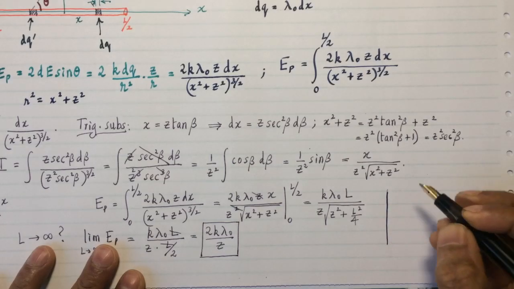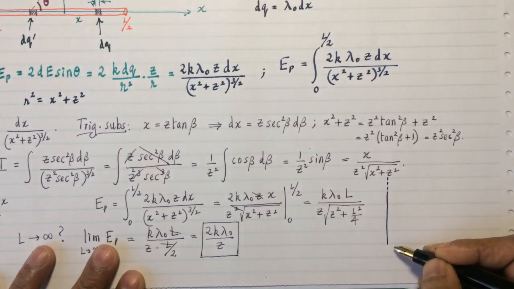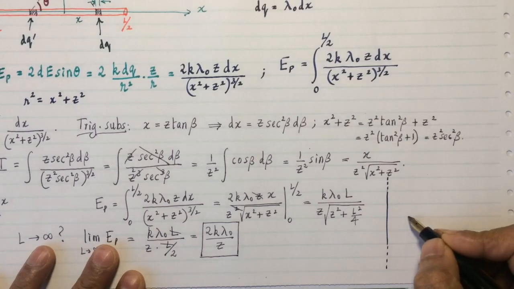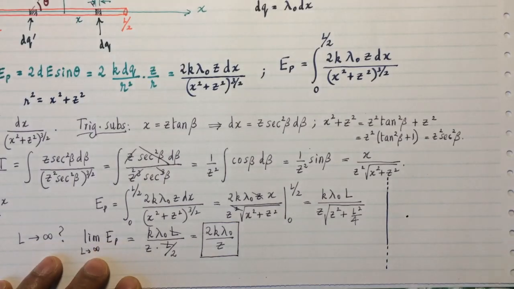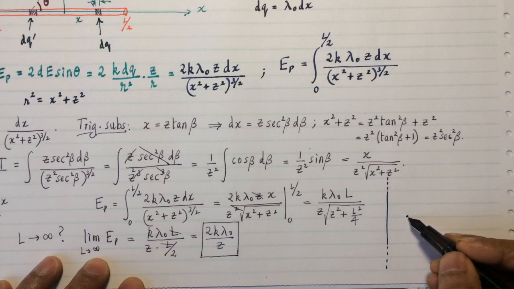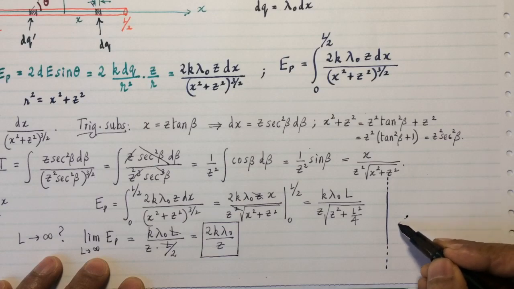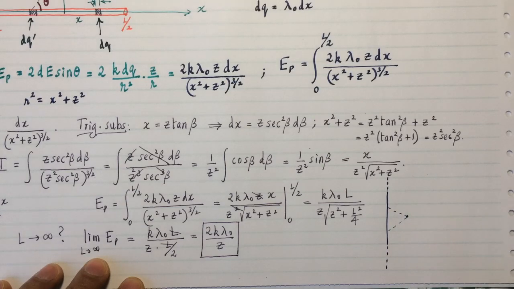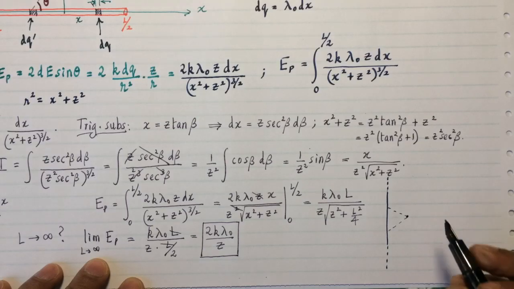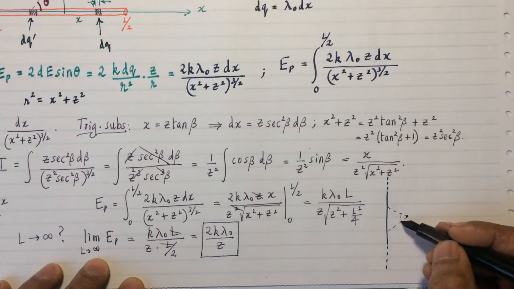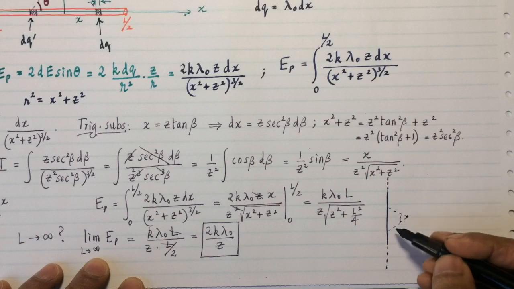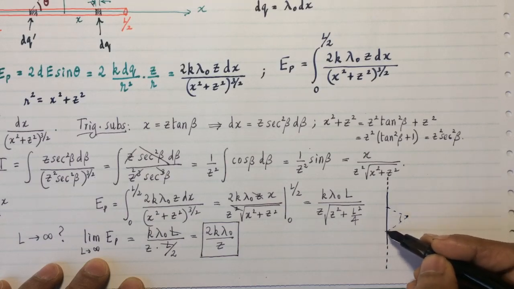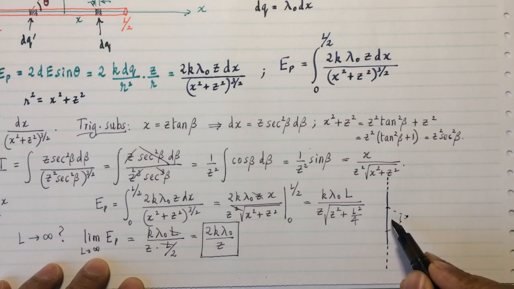For this, let me draw the line charge vertically. Let's suppose I'm some distance away from the line charge, and I'm looking at this line charge. Let me say I'm looking at it using a 30-degree angle. I see only a small portion of the line charge, and that portion will give me my electric field.